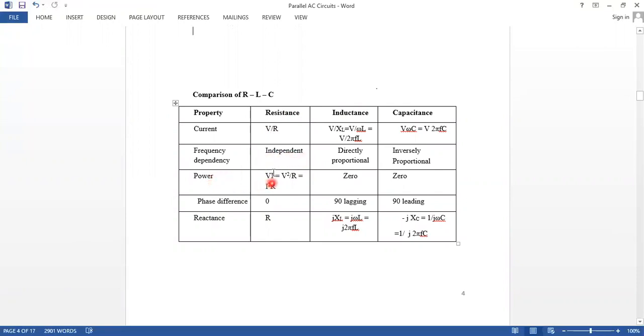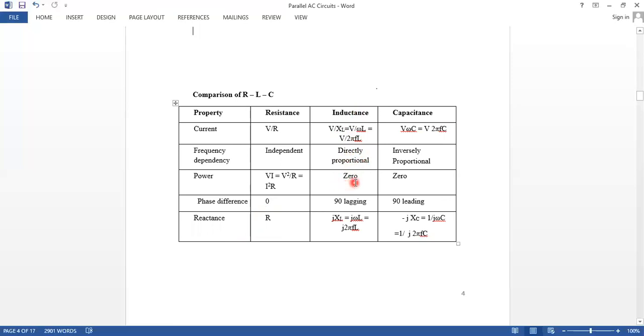The power is V into I, or V square by R, or I square into R, the phase difference between V and I is 0, the power factor is unity, and the reactance term is R. For the inductance, the current is V by XL, that is V divided by omega L. The frequency dependence is direct, because XL is equal to 2 pi F into L, so it is directly proportional to frequency.